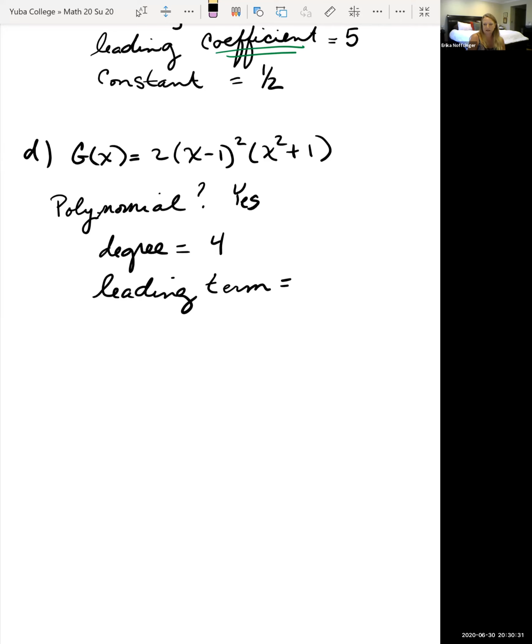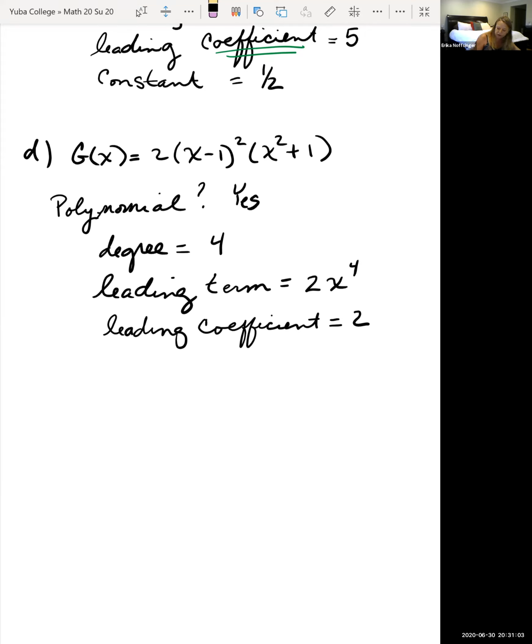But you didn't, right? So 2x to the 4th. So the leading coefficient, if you distribute all that out, the leading coefficient, that's the number in front of the variable with that highest power, is 2.